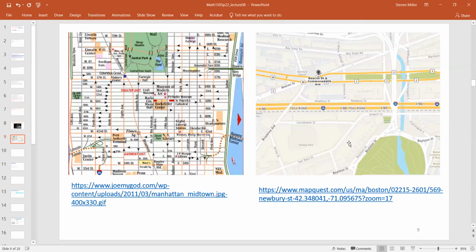What are these two pictures of? Boston and Manhattan. And this is one of the only acceptable ways to say New York is better than Boston. Right? When you look at the grid system in the Manhattan part of New York City, it is extremely easy to figure out where you are and how you want to get from one place to the other. This is just a semi-random snapshot of part of Boston and what the roads look like.